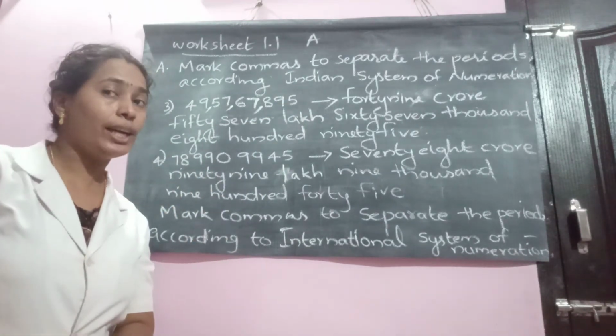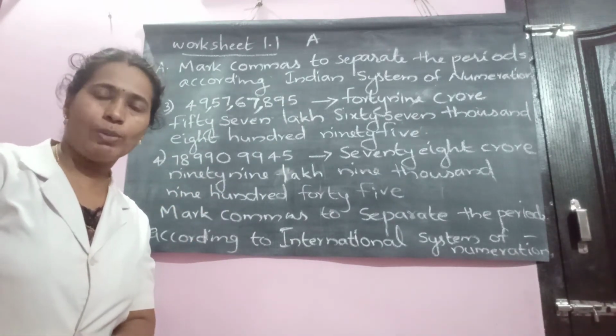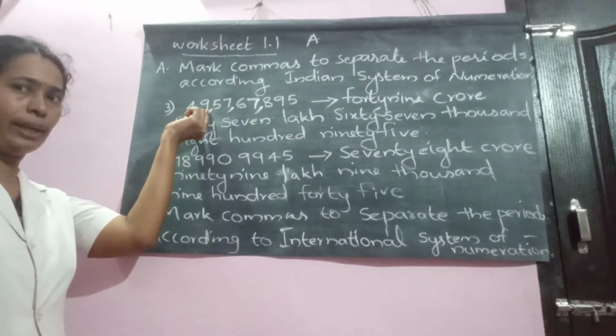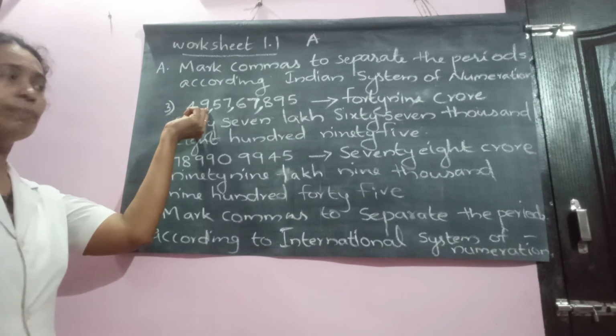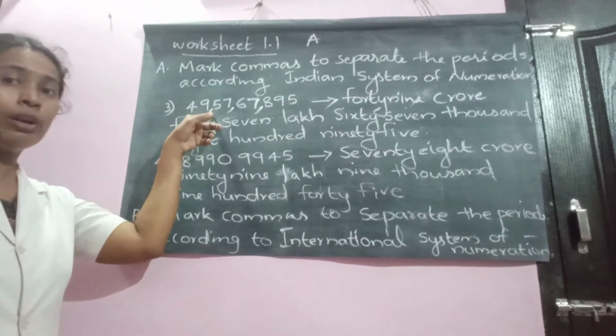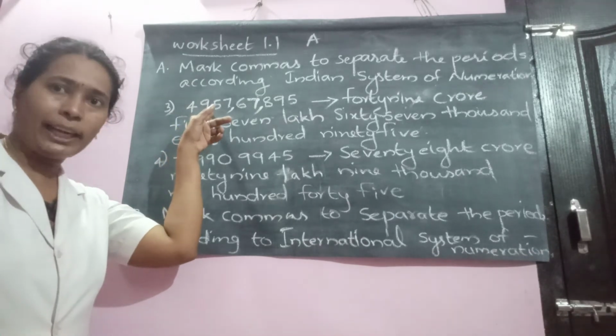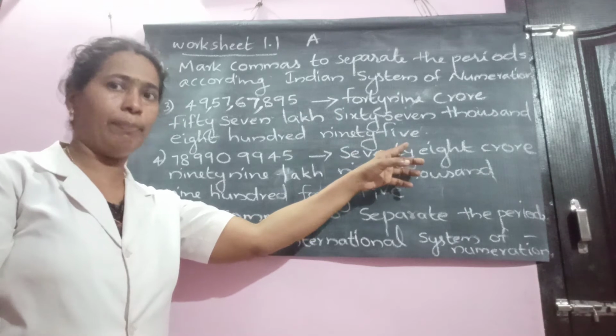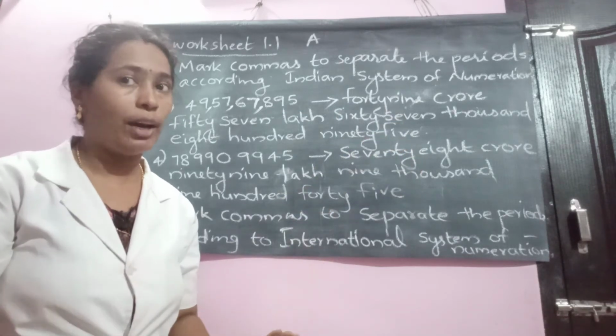Then what they told us? Number name. So how to read? First you read this number together, pairwise. 4, 9 together is 49. And this comma is for which one? Crores period, isn't it? But when we are reading a number or writing its number name, what we have to use? Singular form.